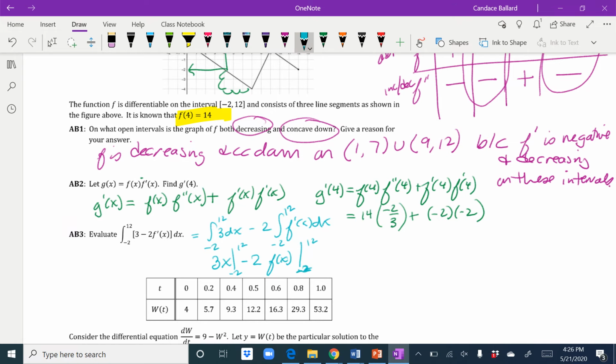So I've got 3 times 12 minus 3 times -2 minus, and then a parentheses, 2 times f of 12 minus 2 times f of -2.